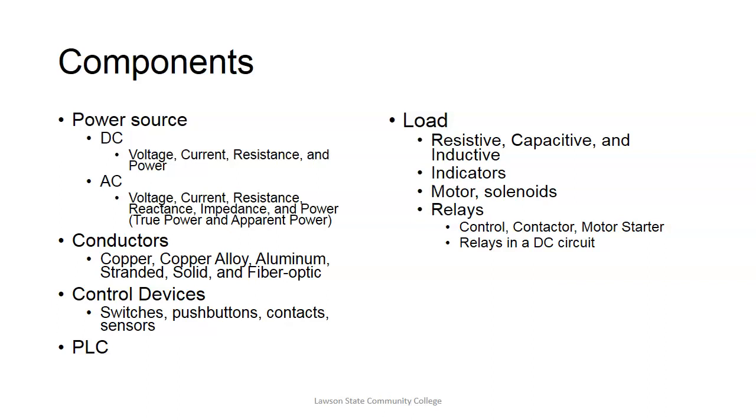So we have induction motors that only work off AC. And then, of course, we have transformers, which allow us to step the voltage up and down. It also affects the current, which most people don't understand, and I don't know if we'll get into that or not. Conductors, of course, we know that conductors are usually made out of metals.